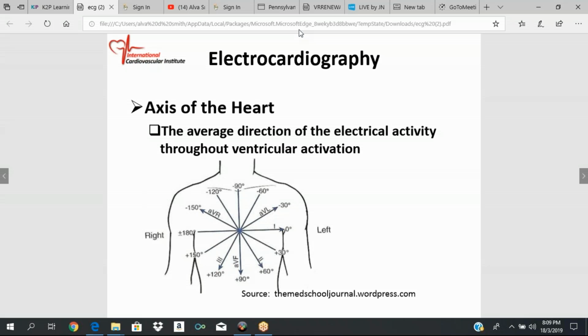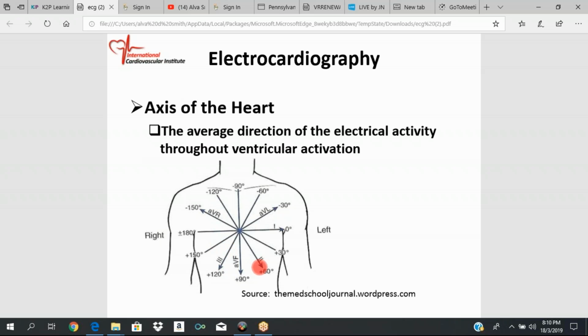Okay, this is a circle, and of course, when you have a horizontal, it's either 0 or 180. Lead one subtends an angle of 0.